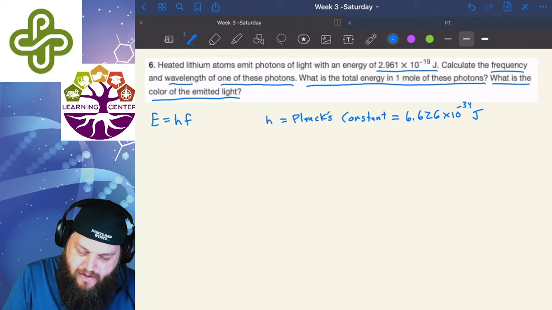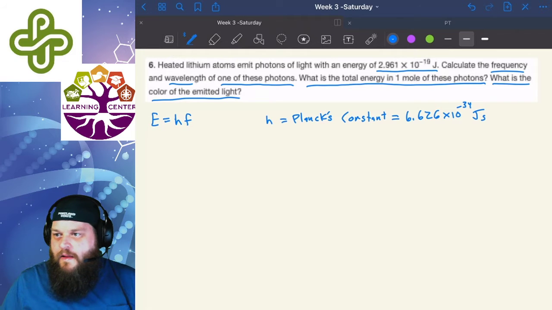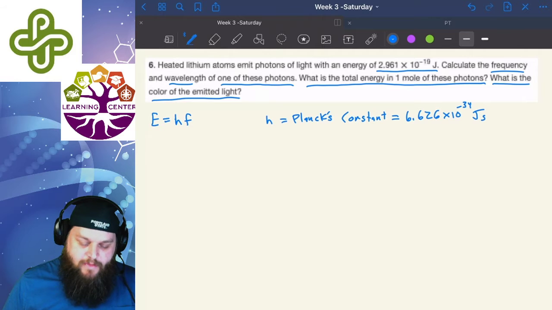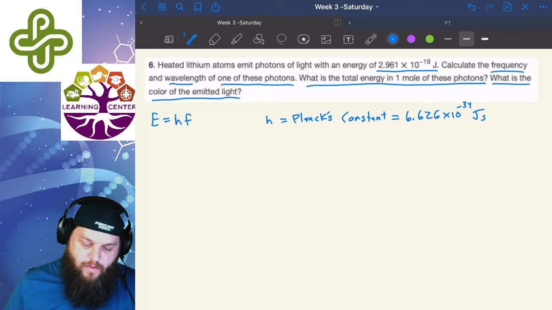And the units on that is joule seconds. So joules times seconds. And that constant revolutionized the world of physics and chemistry because it really was able to define energy per photon in this way.